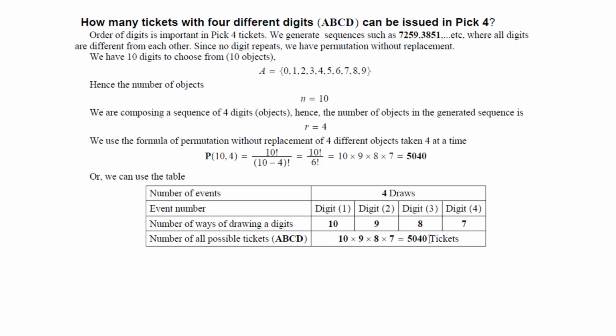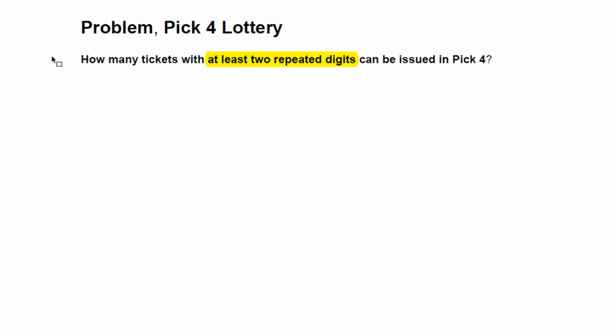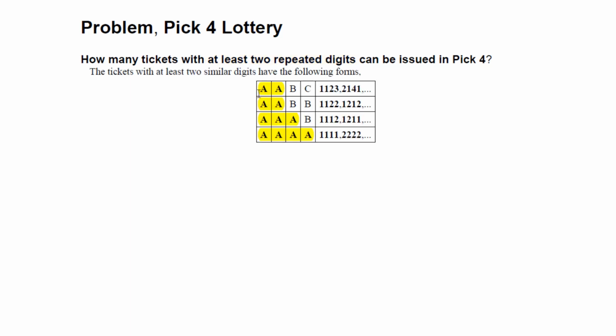So now, how many tickets with at least 2 repeated digits can be issued in Pick 4? So what are these tickets with at least 2 repeated digits? They are the tickets AABC, they have this form, or they have the form AABB, or AAAB, or the ticket with 4 A's.